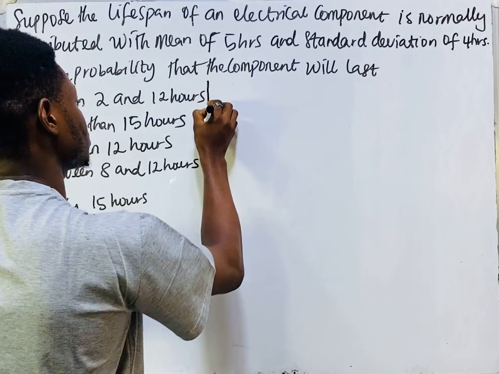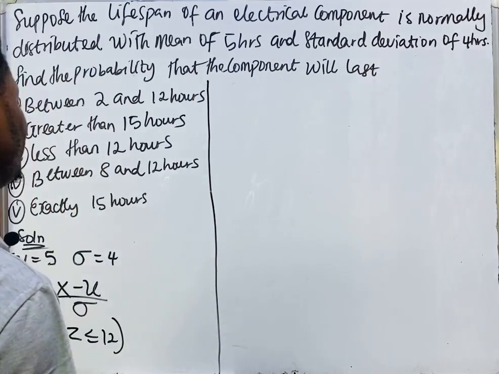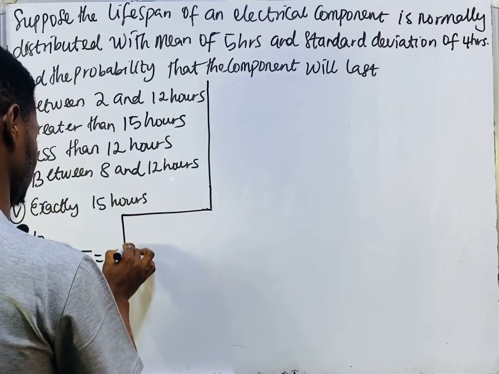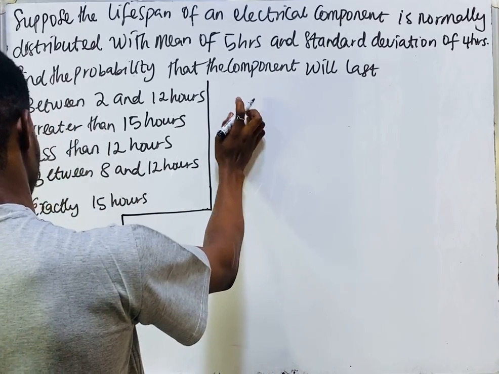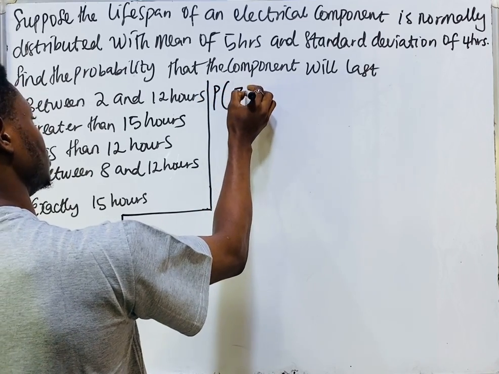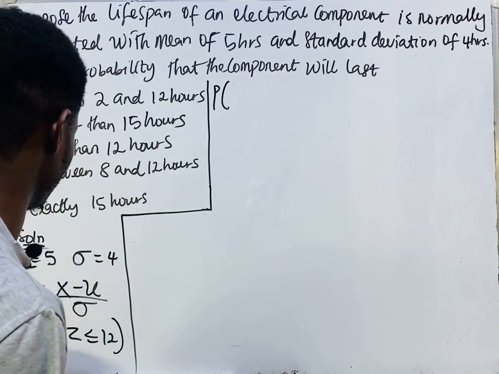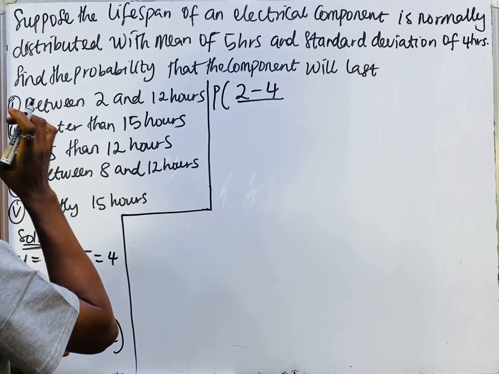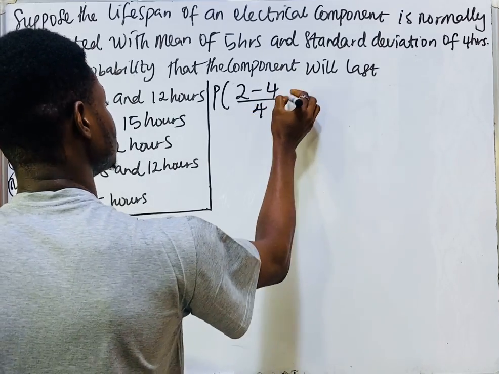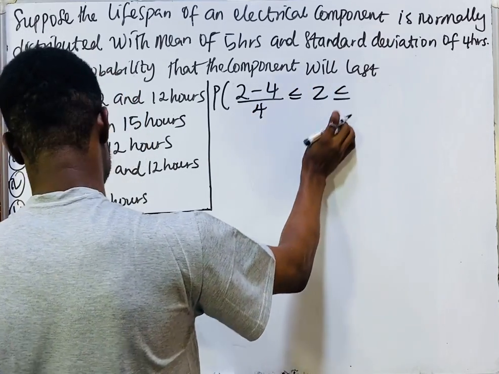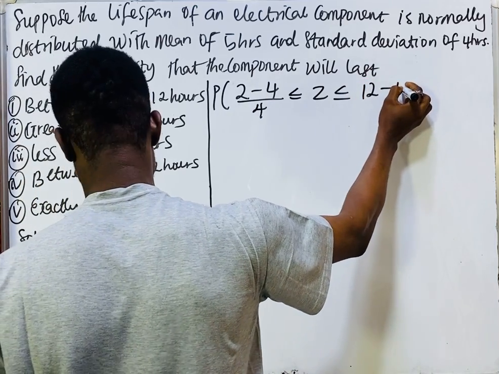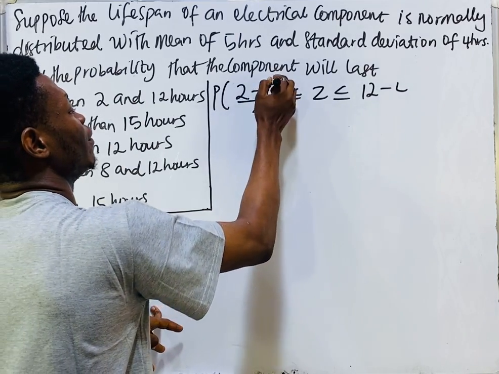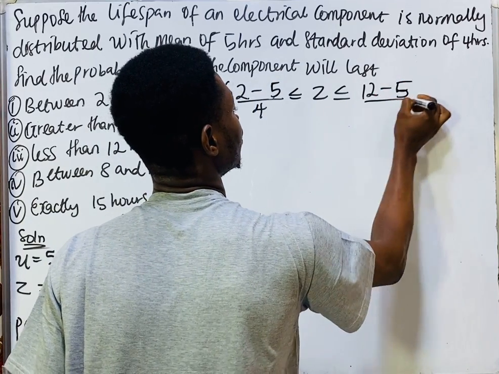So we'll be having P of Z, sorry, P of: our X is now 2, 2 minus the mean, over the standard deviation, then less than or equal to Z, less than or equal to 12 minus the mean. Sorry, our mean is 5. So 2 minus 5, and 12 minus 5, all over 4.